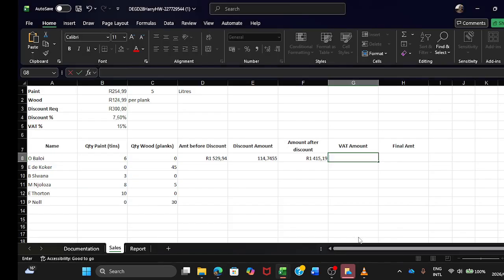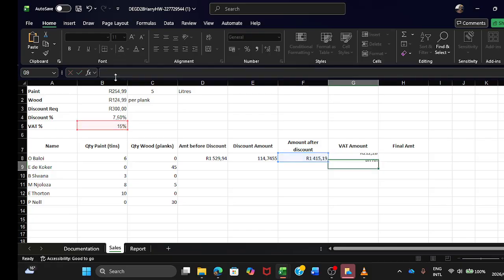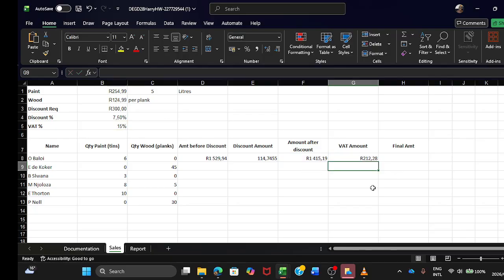So let's go back. So if we're talking about this VAT, then we're just gonna have to say this multiplied by the VAT. Since you take the VAT from there, it's gonna have to be a what? An absolute. So it's going to give us this. So the final amount, what we're gonna have to do, are we adding the VAT or we're subtracting the VAT?